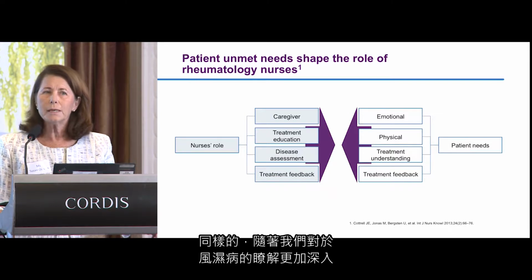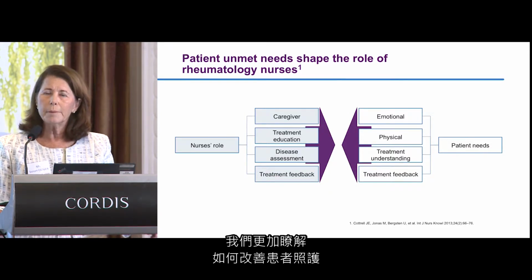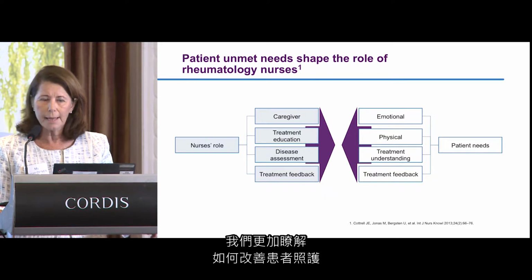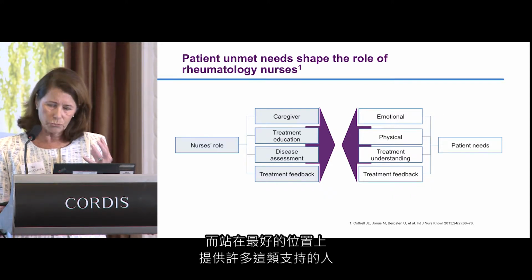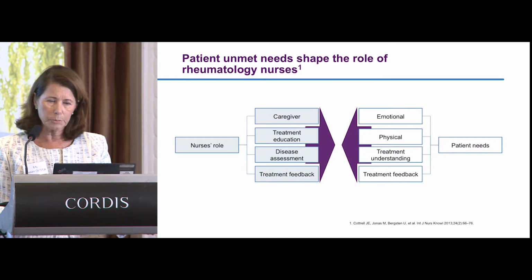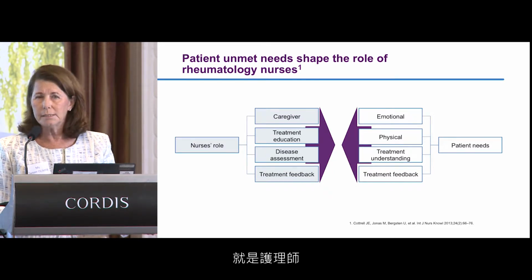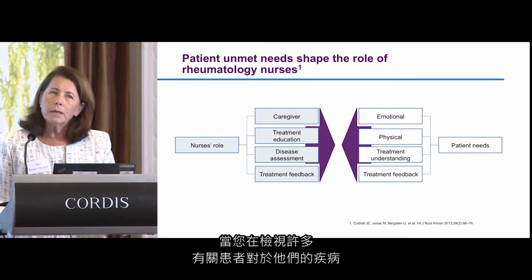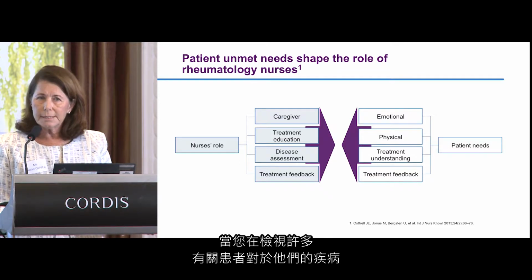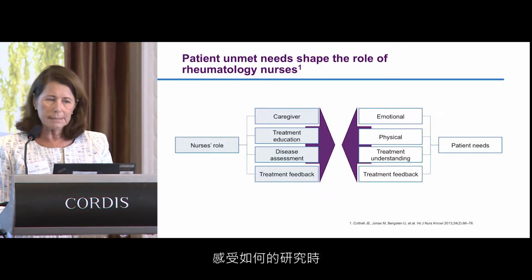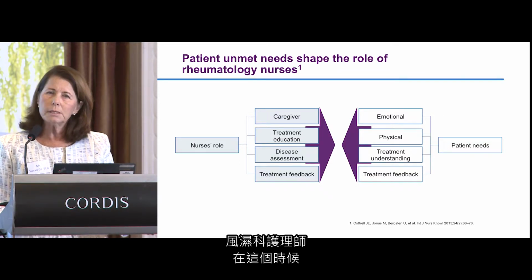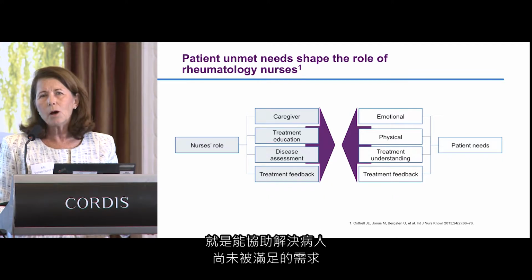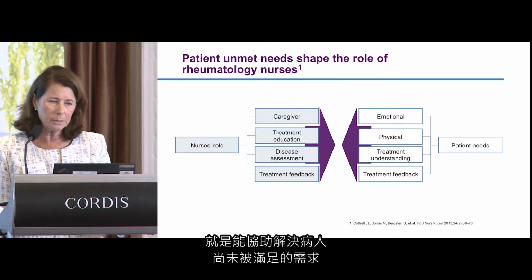And equally, as we have learned more and more about rheumatology, we understand more about how we can improve patient care, and the person that's really in a very good position to provide a lot of that support is the nurse. And when you look at lots of studies about how patients feel with their disease, rheumatology nurses are in a very good place to help those unmet needs at the moment.